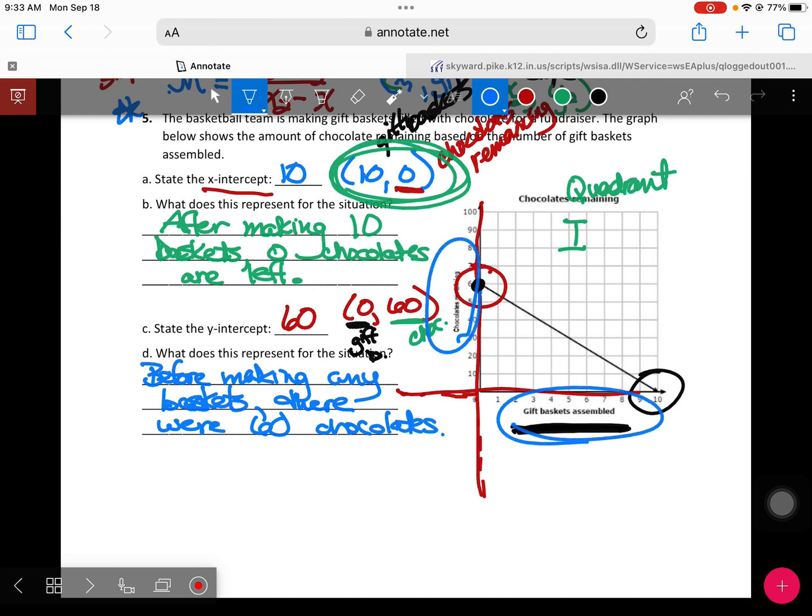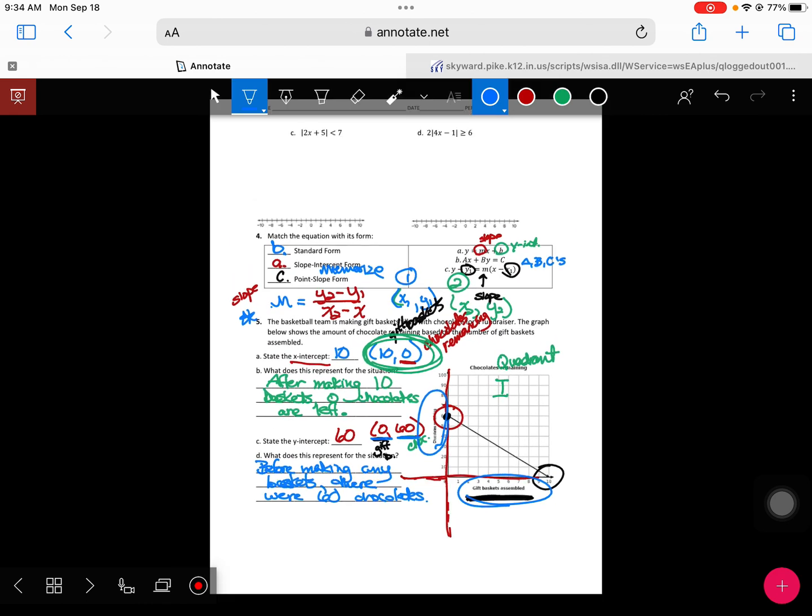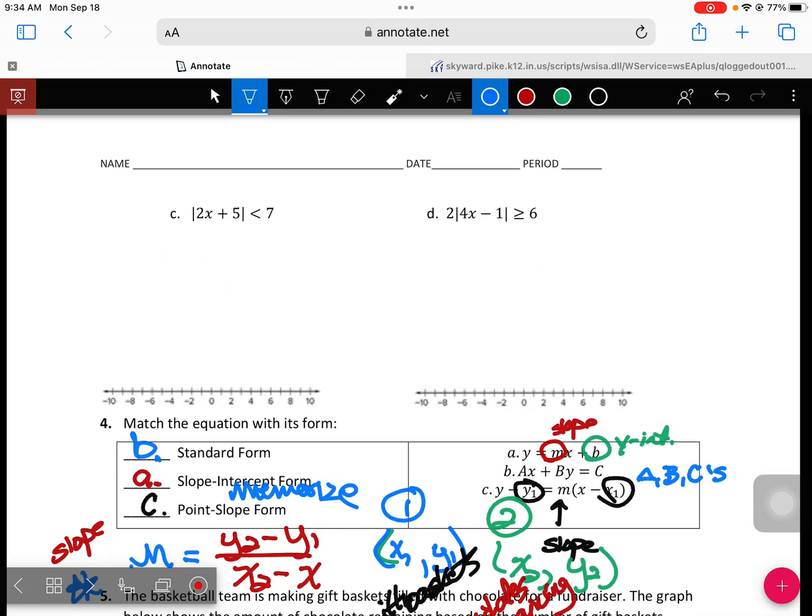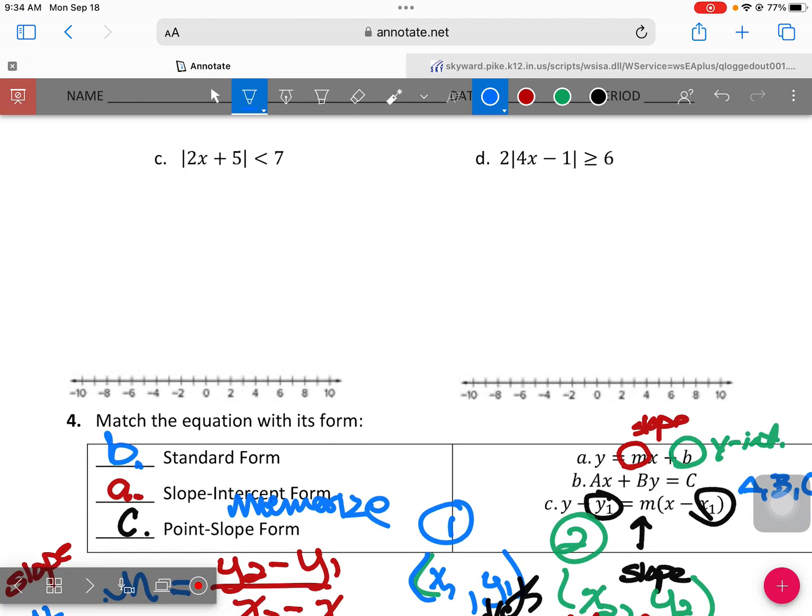Make sure you remember that. And what about this letter D? If I have a number line below, is this going to be an open circle or a closed circle? Closed because of the equal sign, right? And over here for C? Open. Right, not equal.